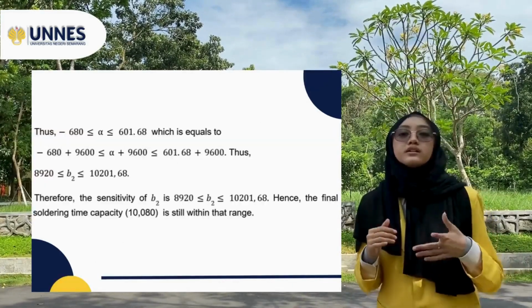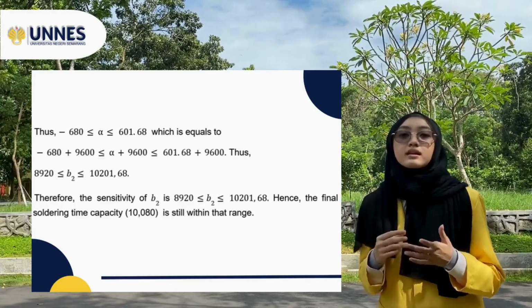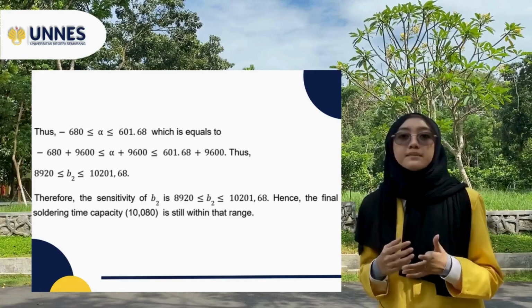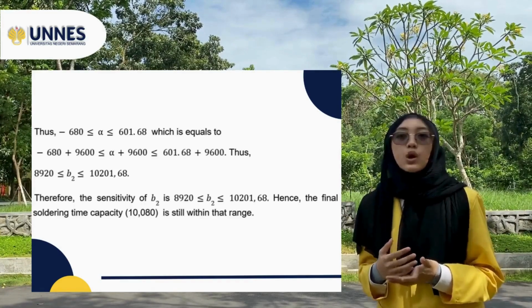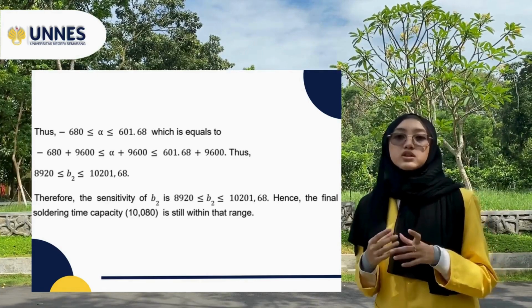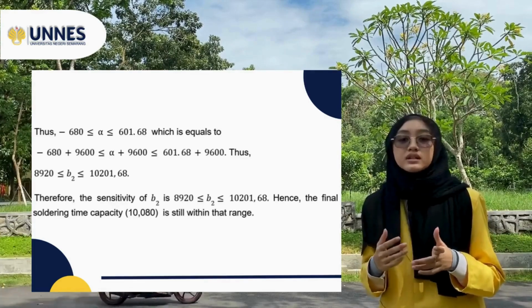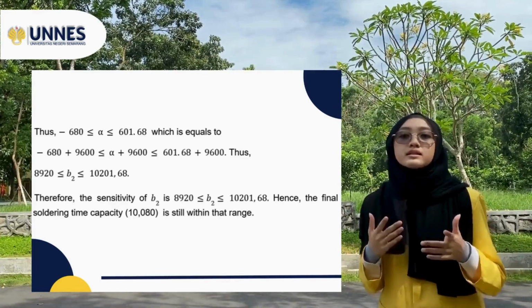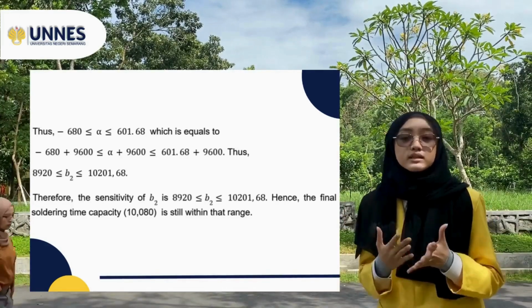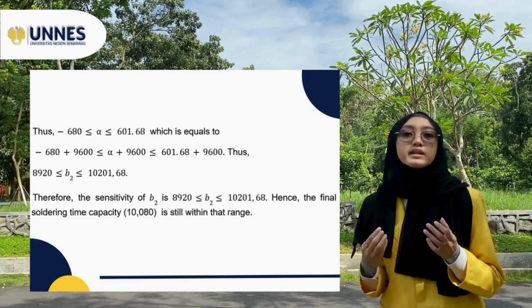Thus, alpha must be between minus 608 and 601.68, which means B2 is in the range 8,992 to 10,201.68. And the new soldering time capacity, 10,080, is still within the range of B2.